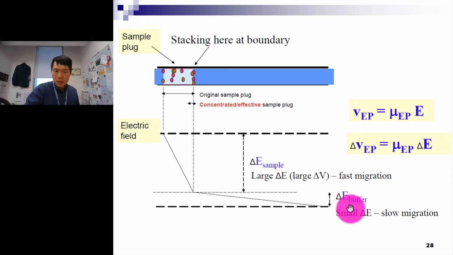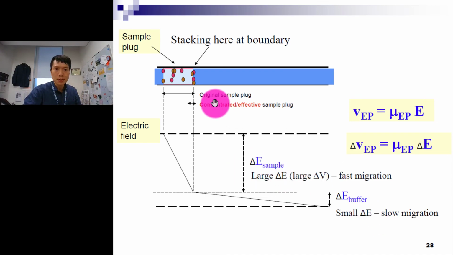Now, with this delta E, the buffer itself is ionic, so it has a bit of measurement. The baseline is no longer flat; it declines a bit, and this fluctuation sometimes gives you noise. If you have a small delta E, with a small difference in the electrical mobility of the buffer, then you have a slower migration.